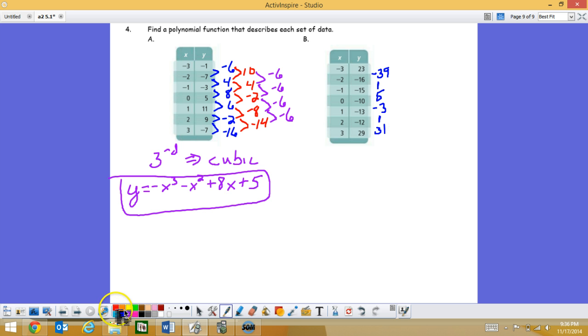Well, that one obviously is not constant, so we're going to find the second set of differences, where we take 1 minus -39, that is 40. 5 minus 1 is 4. -3 minus 5 is -8. 1 minus -3 is 4. And 31 minus 1 is 30.